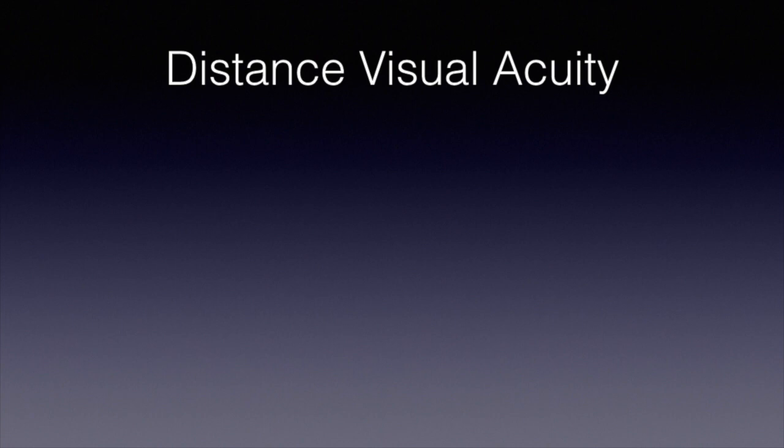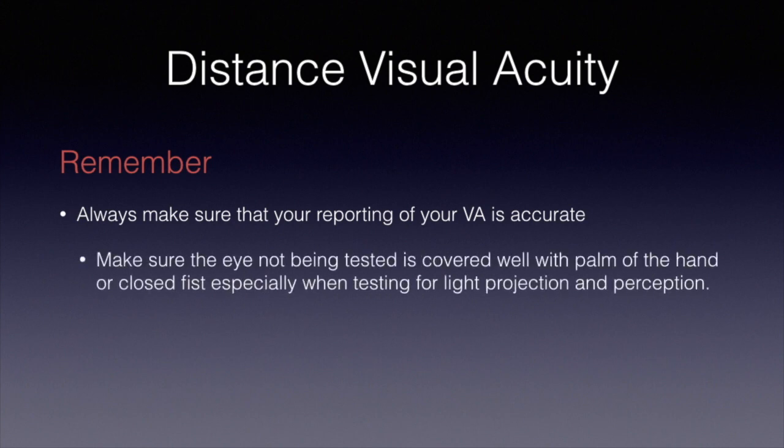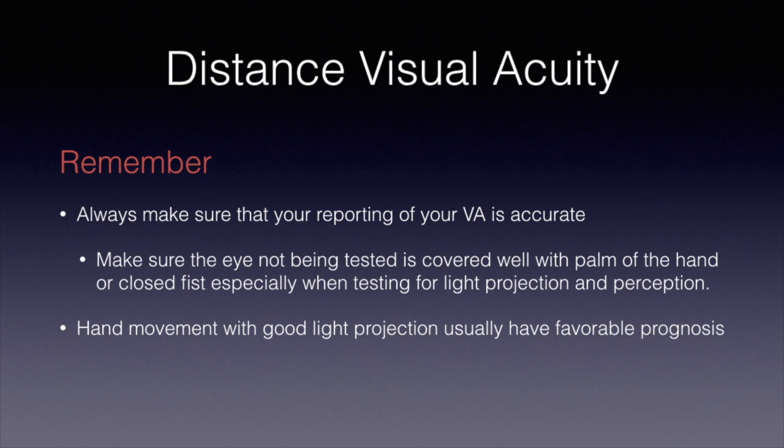Please do remember to always make sure that your reporting of the visual acuity is accurate, as this will relate to the visual prognosis. Also, make sure that the eye not being tested is covered well with the palm of the hand or closed fist, especially when testing for light projection and perception.